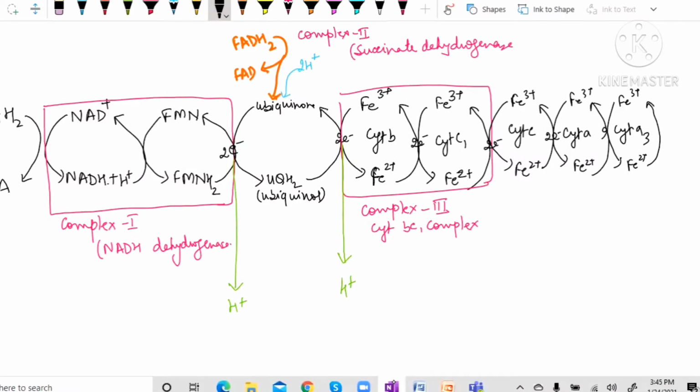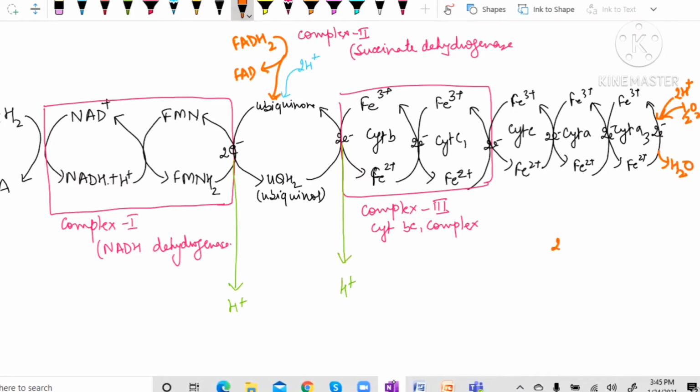So the system has made the electron reach here, and in the last step, please focus carefully. Here you will find hydrogen is removed from the matrix and half oxygen is coming. You know very well, proton plus electron will combine to form hydrogen, and half oxygen means they will combine to form a water molecule.